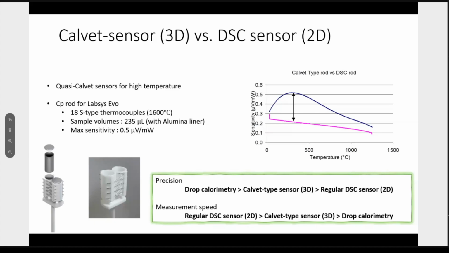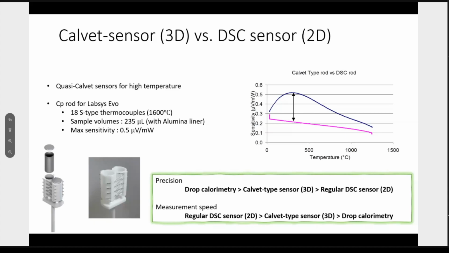So finally, we decided to choose the calorimetric type 3D sensors for the heat capacity measurement. In the case of aluminum alloy, it takes about 5 hours for each sample. If we measure the blank, the reference sapphire sample, and the target sample, it takes about 15 hours for the measurement.